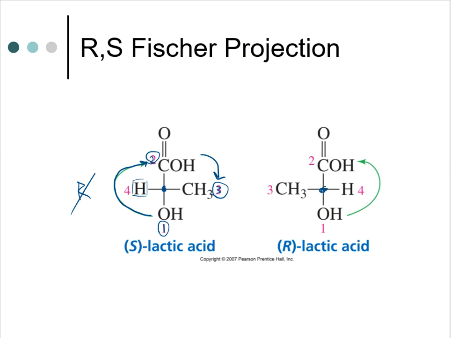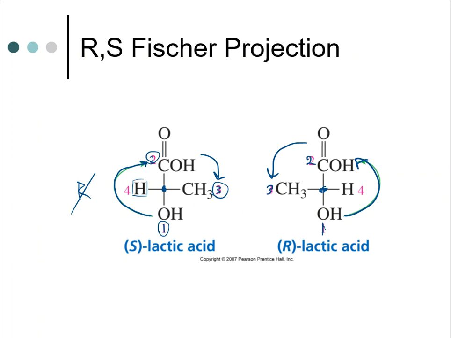Over here to the right-hand side, same description. Okay? My OH is group number 1. My carboxylic acid is still group 2. My methyl group is still group 3. Group number 1 goes to group number 2. Group number 2 goes to group number 3. That is counterclockwise.